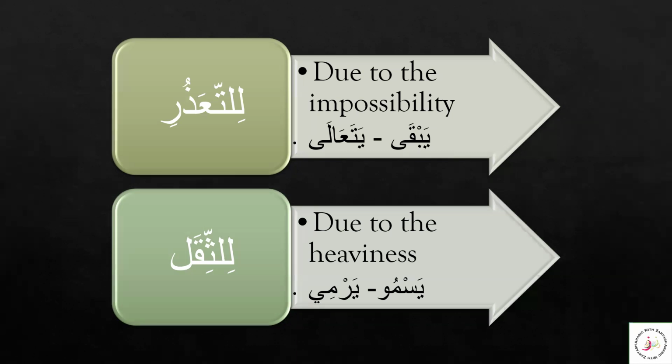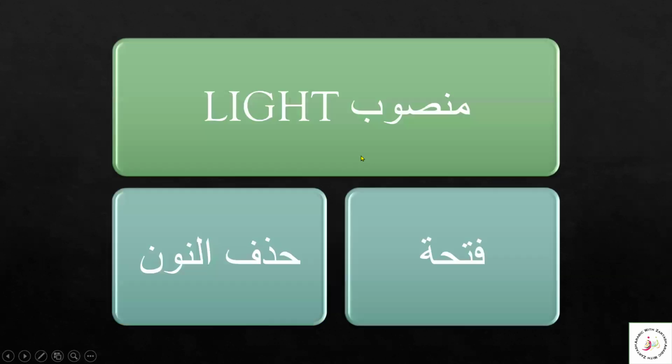Sakal is the heaviness, the burden. So we see these terms for the dhamma muqaddara, the fatha muqaddara, and so on. Litu'azir is due to the impossibility, lissakal is due to the heaviness. Lissakal can only be seen when the word ends with waw and ya, and litu'azir can only be seen when we have alif maksura.